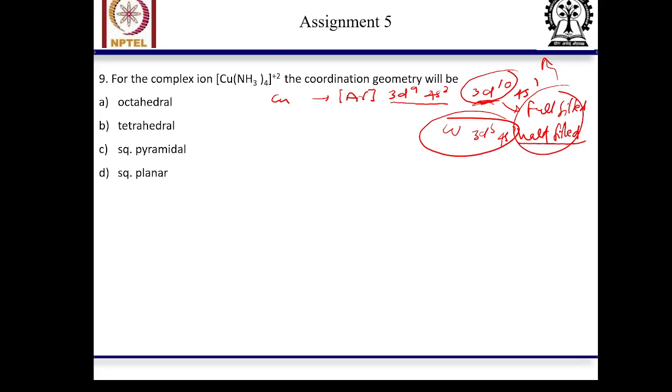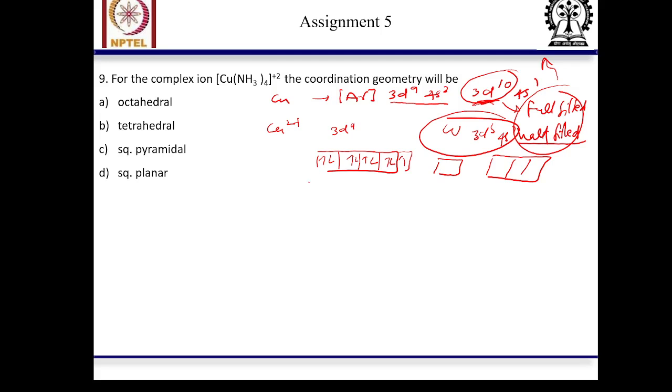Then if we have Cu2+, what will it be like? It will be like 3d9. So I will draw Cu 2+ with 3d9, 1 2 3 4 5 6 7 8 9, and then we have 4s and 4p. Now in presence of NH3 ligand, what will be happening? It will be the same because there is no transfer of electron. Now what will happen?